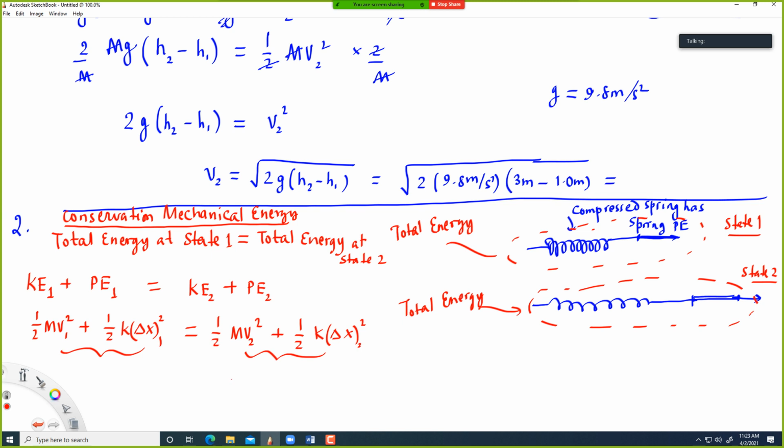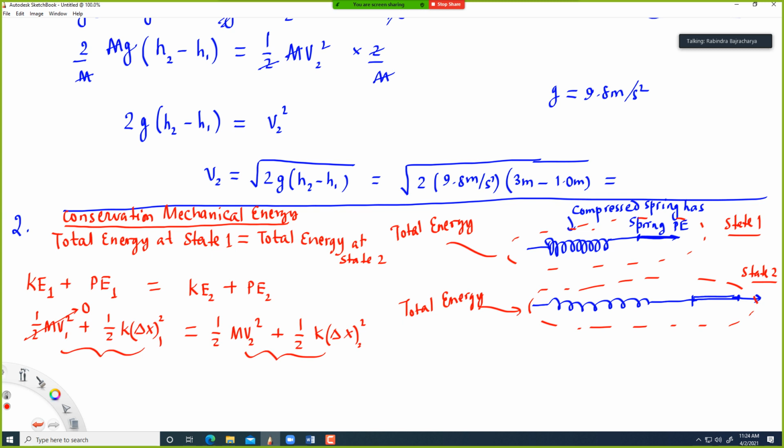So what's the kinetic energy of this system when it's compressed? 0. Yes, because there is no velocity or speed. When you release, the spring will go to its equilibrium state.